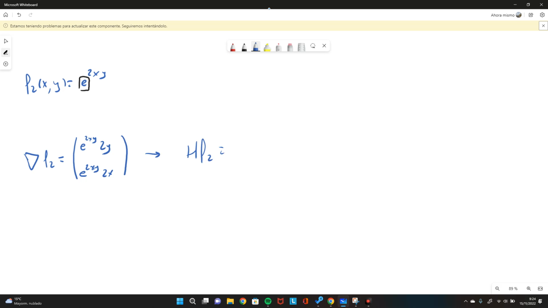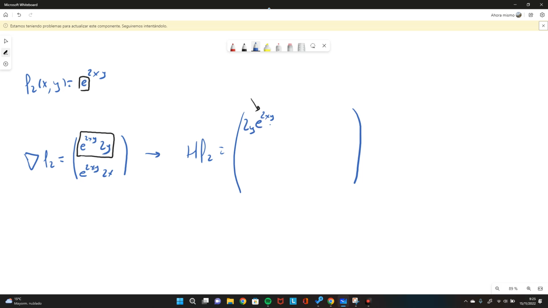I'm gonna leave some more space, although I don't need it, but same thing as before. In this case, when I perform the derivation of this in respect to x, no product, nothing, because this is a constant. So yes, I just have 2y times e to the power of 2xy times what?